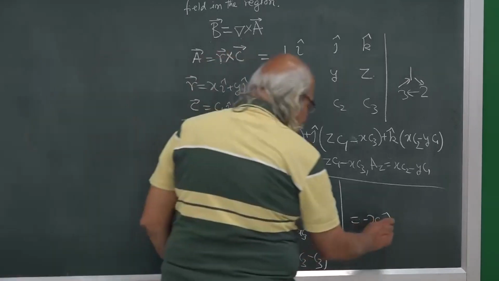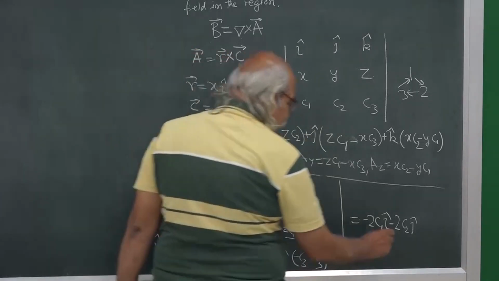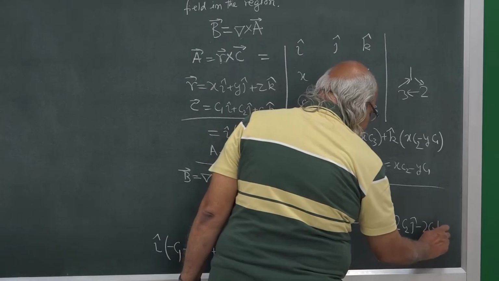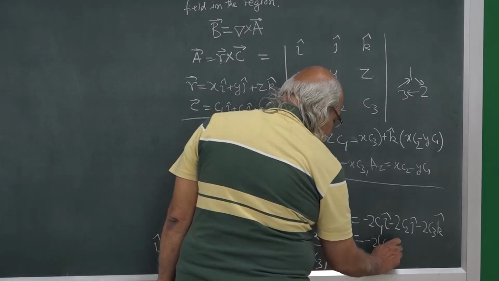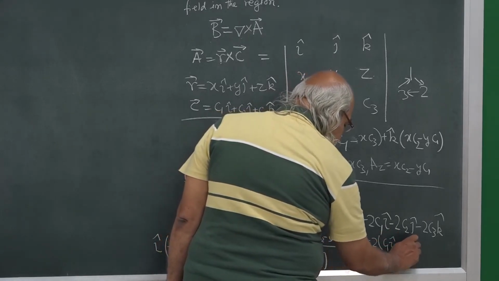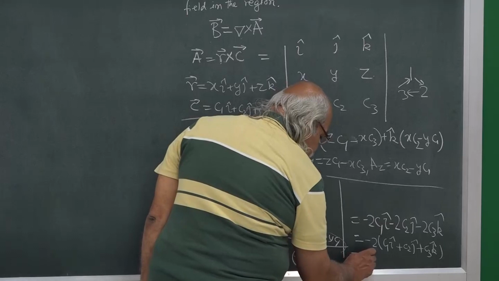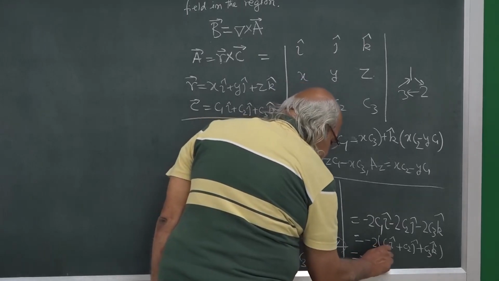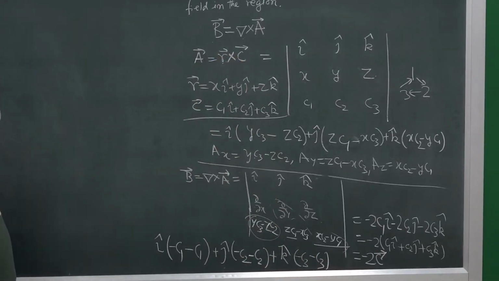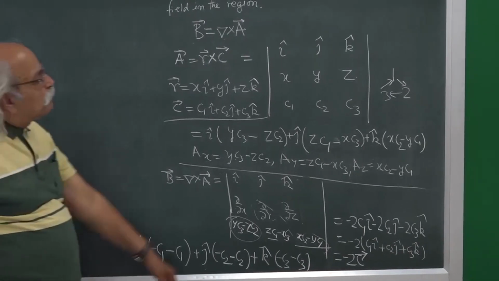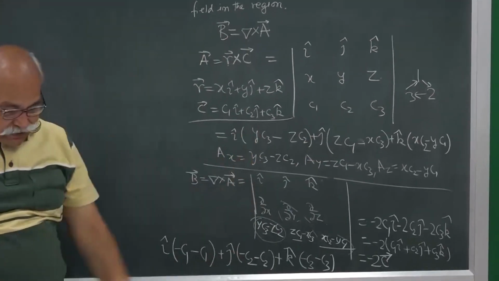Minus 2 C2 j cap, and then minus 2 C3 k cap, which is, if you take minus 2 common, C1 i cap plus C2 j cap plus C3 k cap, and therefore it is minus 2 times the given vector C. So, that is the magnetic field, it is a constant magnetic field in the direction opposite to this C vector, and then you can write all things.